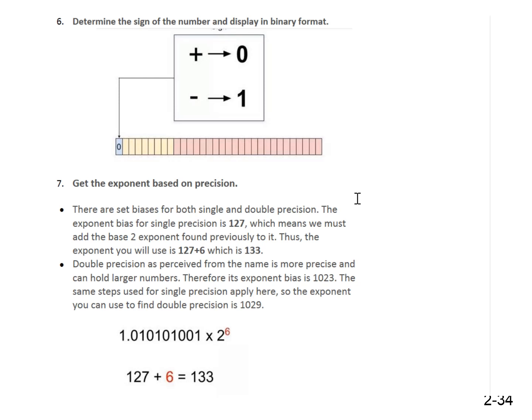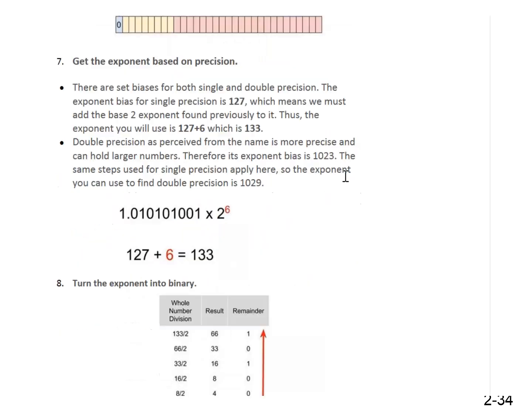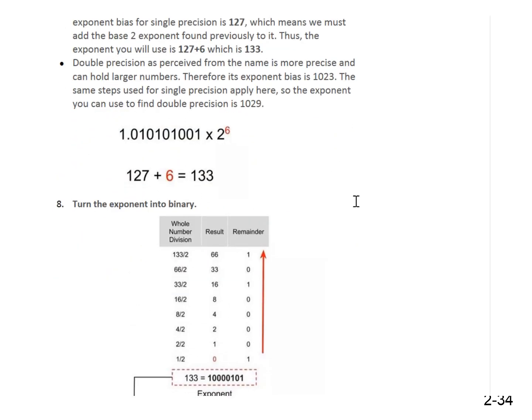The bias for an 8-bit exponent is 127. With 8 bits, we can represent 128 numbers, 0 to 127. So we add 127 to 6. And this becomes our exponent.